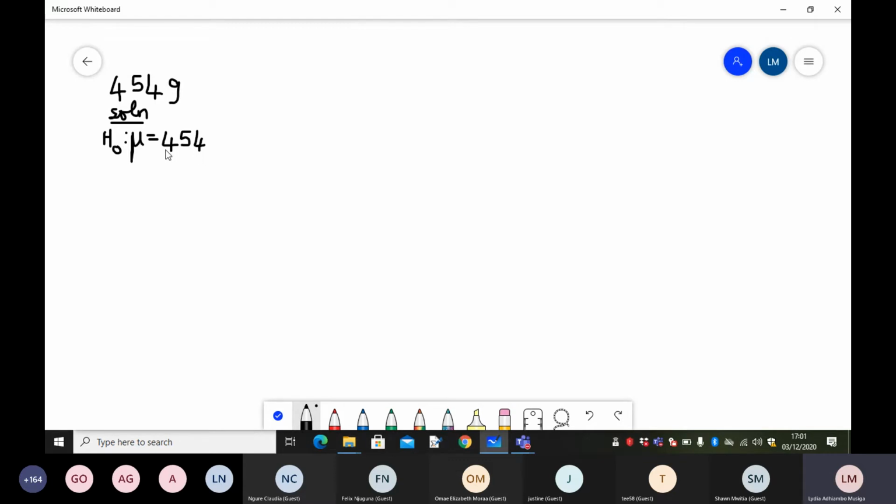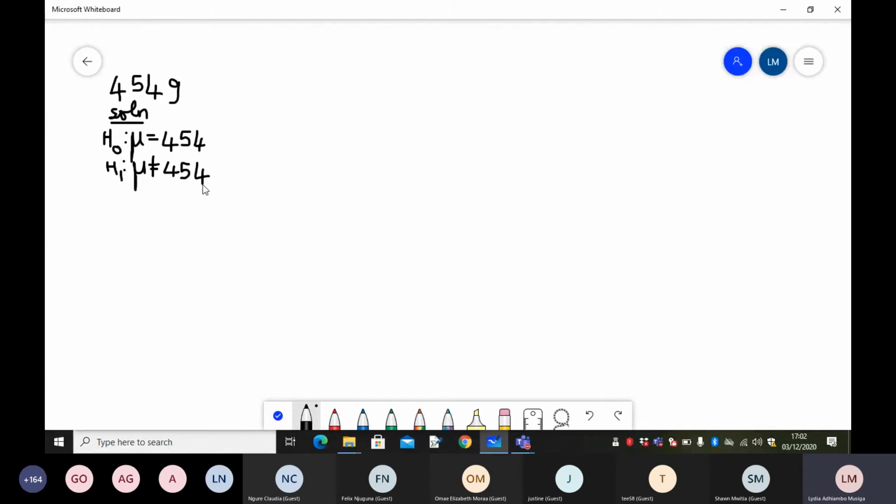So if the assertion is that the mean is equal to this, then the alternative can only be that the mean is not equal to 454. So from the null, that is how we identify the alternative.